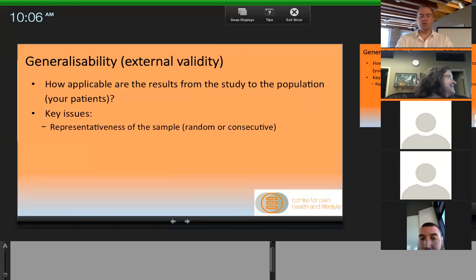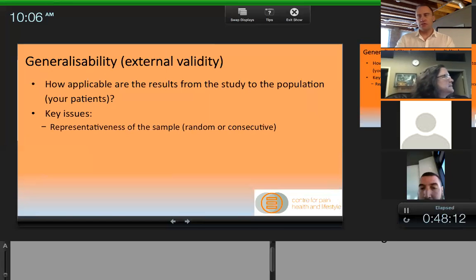All right, so as an example, if your population is 60% female and 40% male, your sample should be 60% female and 40% male. If they're of a certain socioeconomic range, then so should your sample be. Okay, so that's the idea of representativeness.